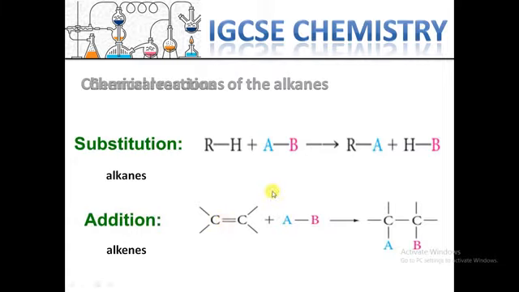A reacts with the double bond and is placed on the first carbon, and B also reacts with the second carbon and is placed here. So finally we will have one product, not two or three, because they combine to each other. The second reactant attaches to the first reactant.